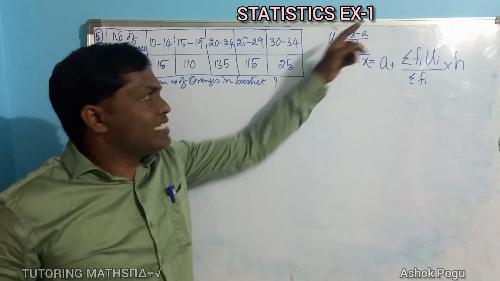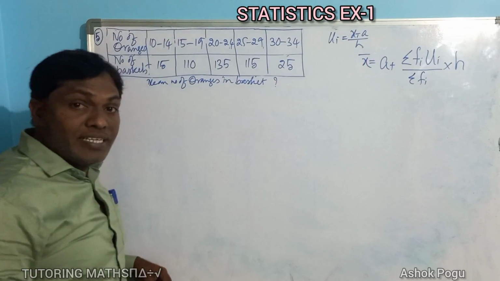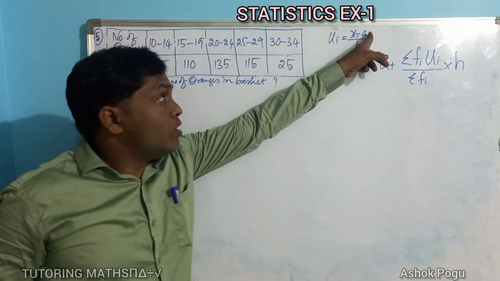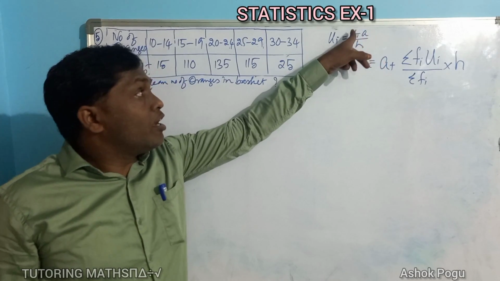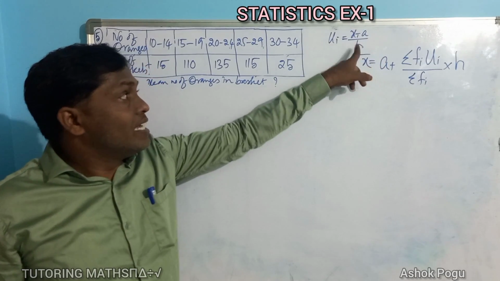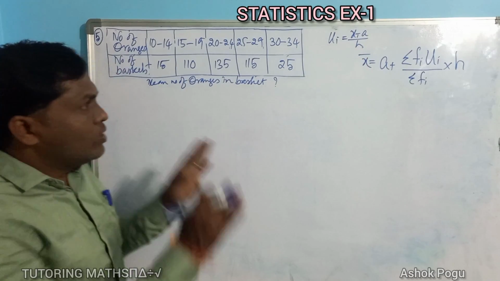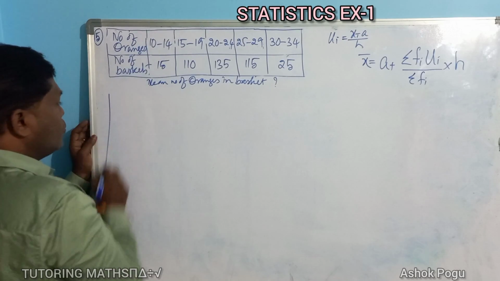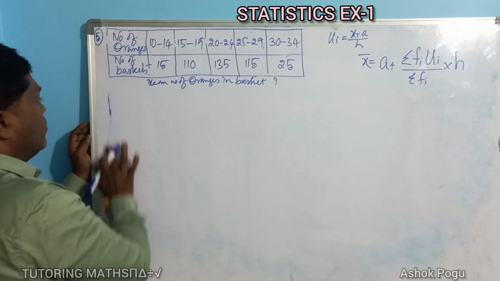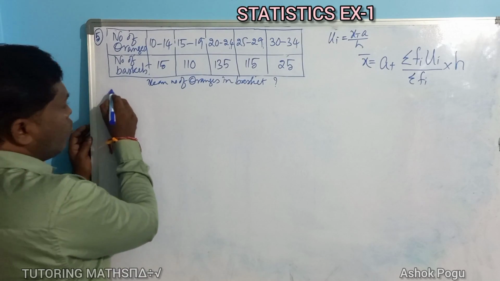What is x minus a? xi minus a is nothing but deviation. So we should find out small a, the assumed mean, and also the observation difference. Then we should divide it by the height of the classes. So let's start once again. First of all, the given two rows should be arranged in two columns.